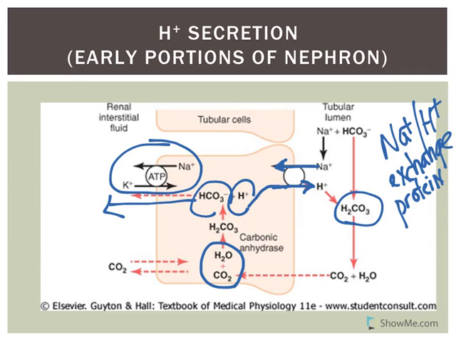Now, if we think about what could happen with certain metabolic or respiratory acid-base disorders, say I've got increased carbon dioxide in my blood because I have respiratory acidosis, a problem with gas exchange. You'll see this is elevated CO2. It can readily cross cell membranes, law of mass action again.